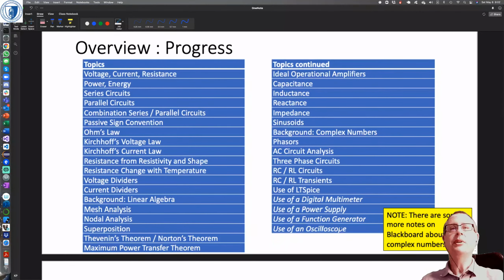So there are all the topics we've covered. We didn't really get a chance to play with a multimeter or a real power supply, function generator or oscilloscope, unfortunately, but we've covered everything else.